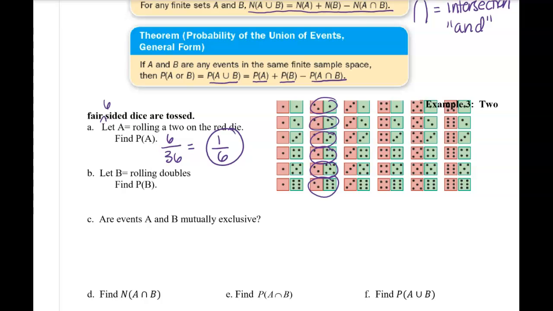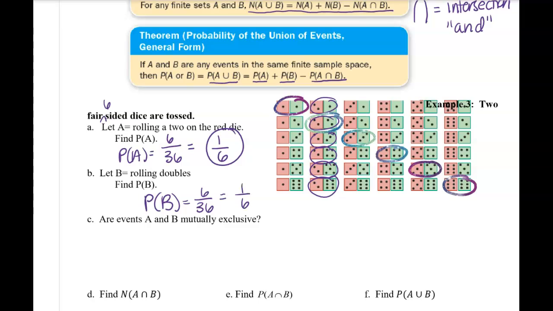Probability of rolling doubles, we have 1, 2, 3, 4, 5, 6. So probability of B, this was probability of A, probability of B is also 6 over 36, which simplifies to 1/6.